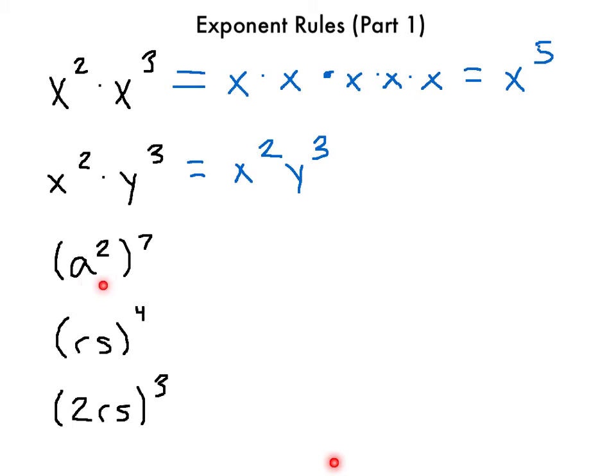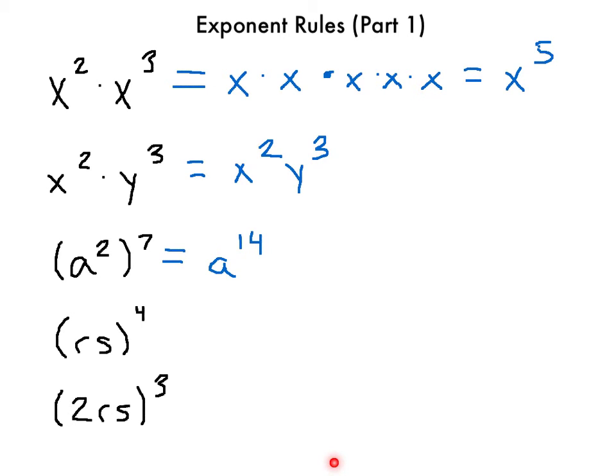So I'm taking a squared and multiplying it by itself 7 times. That's the same thing as a squared times a squared times a squared 7 times over. I'm not going to have enough room to write all of that, but that is essentially why we end up multiplying the exponents. So if you have any further questions about that or you would like to see more detail, go ahead and respond to this video and we can post it right up there for you.